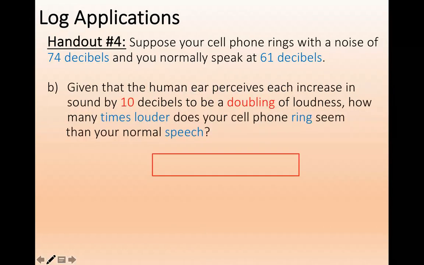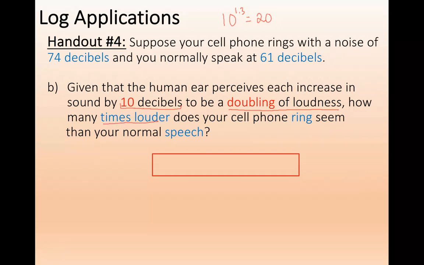So let's see. Part B is telling us, and I'm going to write out what we actually just had on that problem. We got 10 to the power of 1.3, which was about 20. Given that the human ear perceives each increase in 10 decibels to be a doubling of loudness, how many times louder does your cell phone ring than your speech?